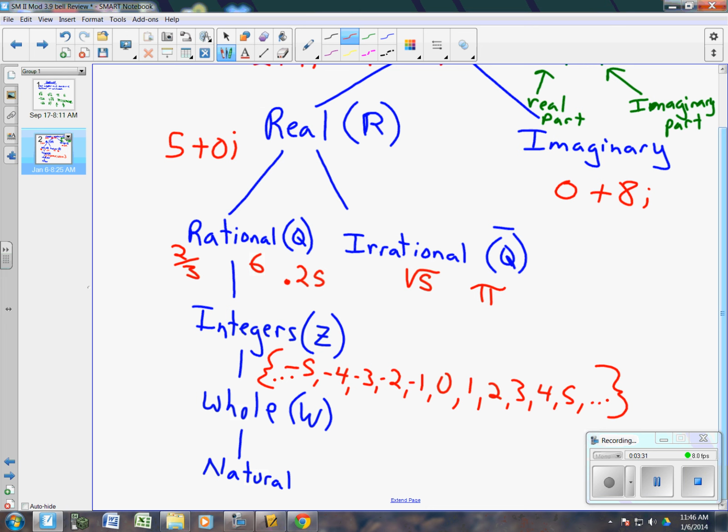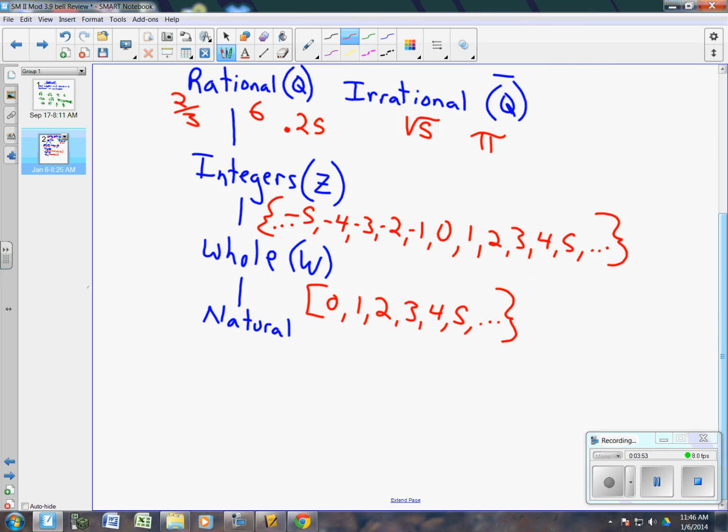Whole numbers don't have negatives. So whole numbers start at 0, and they go this way forever. And by the way, this lesson doesn't have natural numbers in it, but natural numbers are sometimes called the counting numbers.